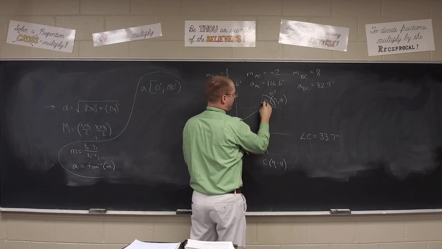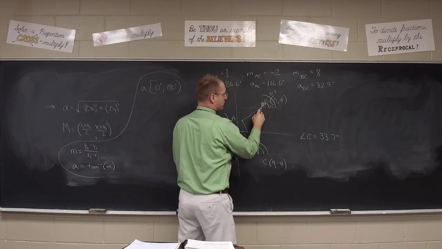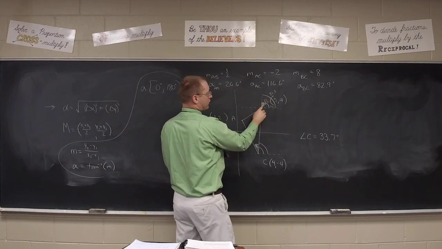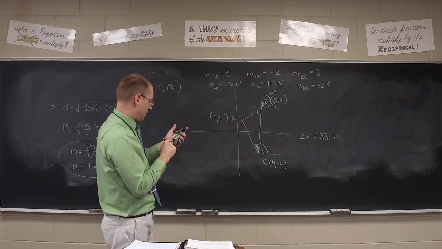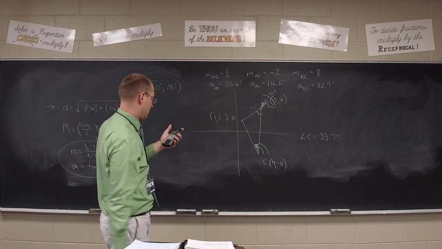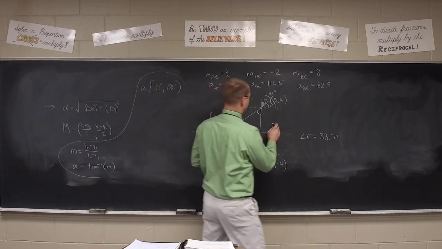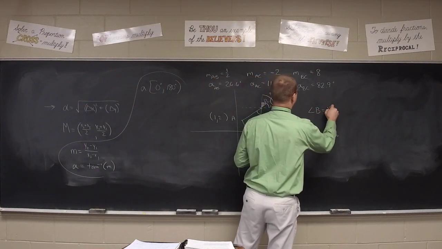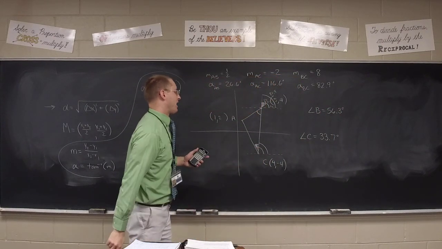So if we wanted to find this angle, which is of course vertical to this one, we'd subtract those and we would get 56.3. Good, 56.3, and that's your angle B.